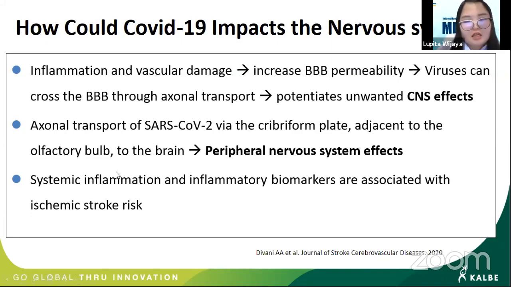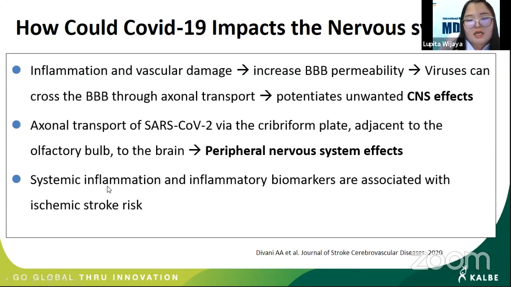After the virus gets in, it will bind to the ACE2 receptor in our brain. After that, there will be systemic inflammation and also hypercoagulability in the blood vessels of the brain. That will be a high risk for ischemic stroke.